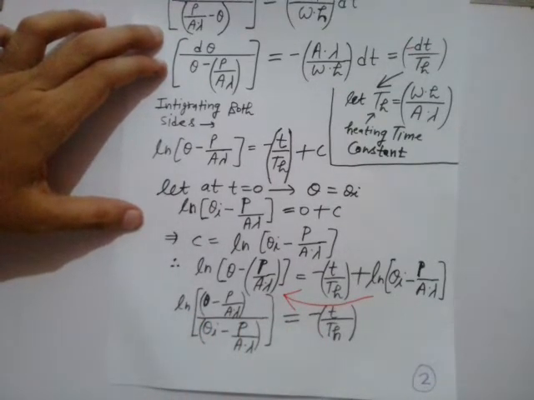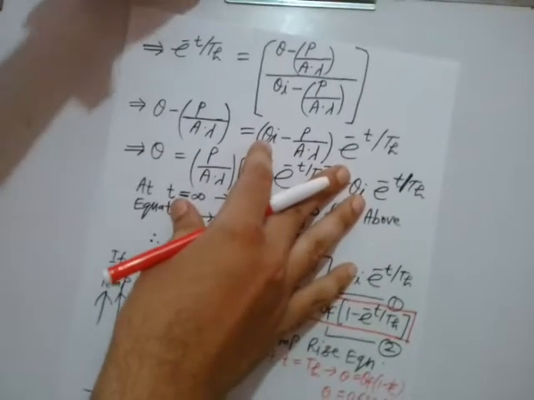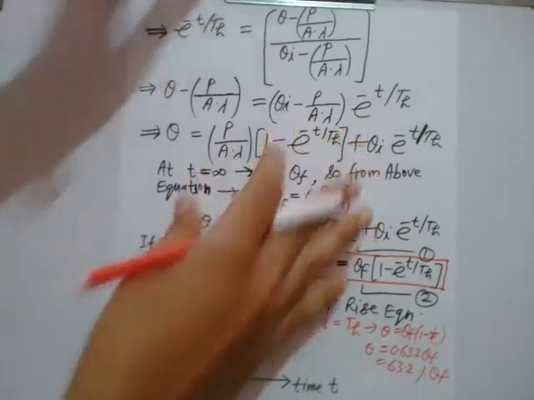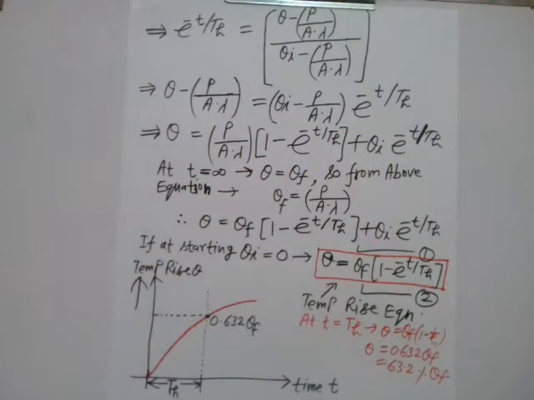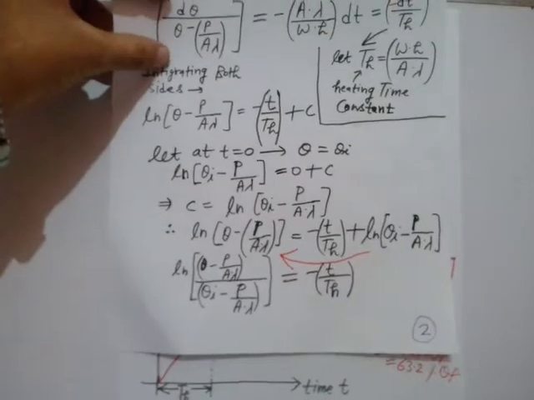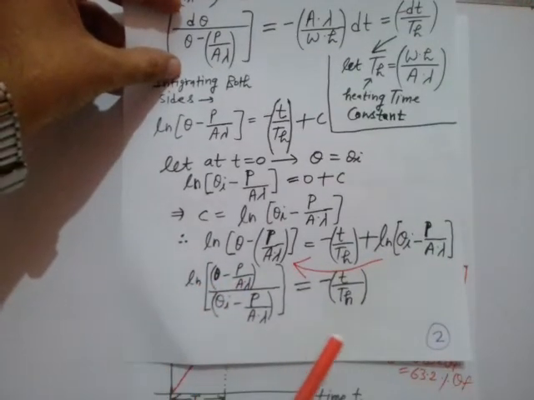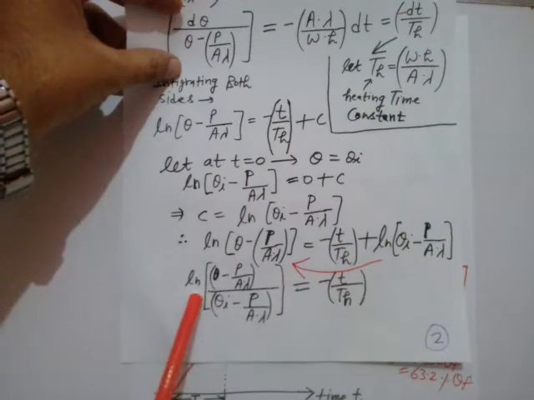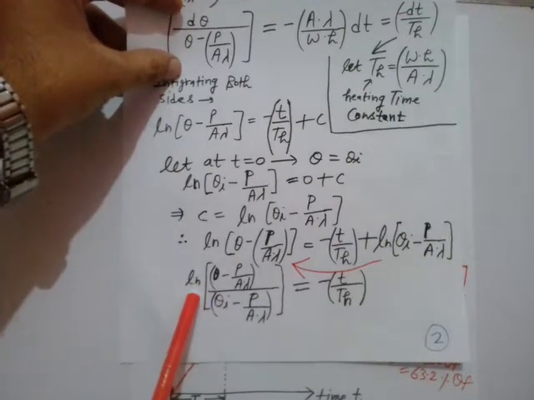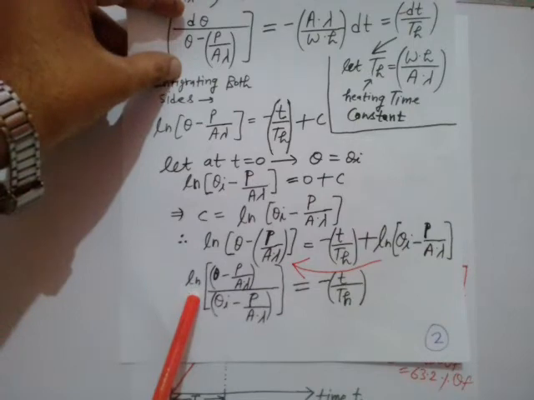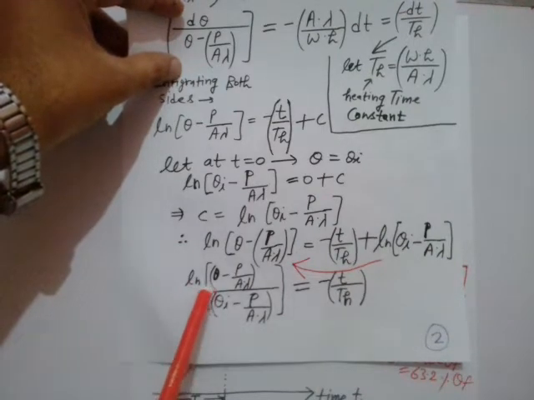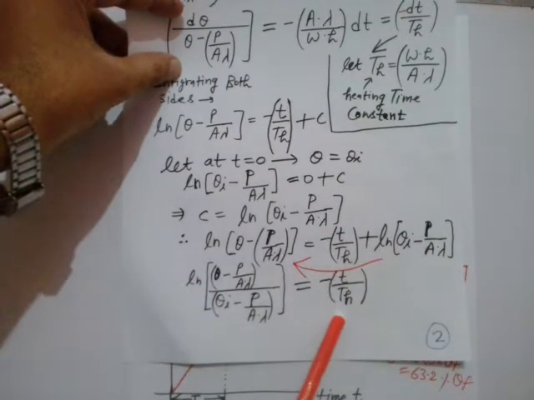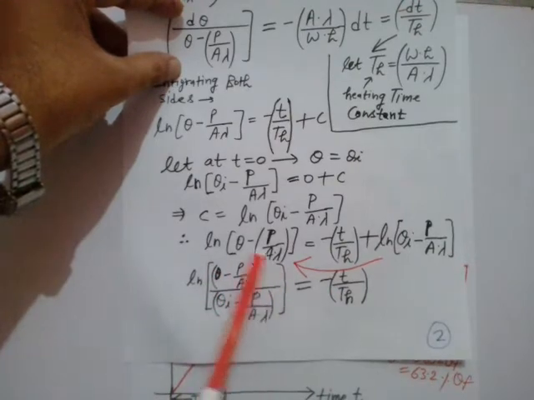You understand? Okay. Now the next step would be to further solve this equation. This is natural log, that means the base is e, where e is 2.7182818, right? So write e to the power minus t by tau h is equal to this whole expression.